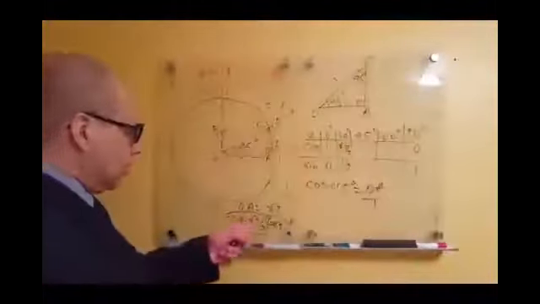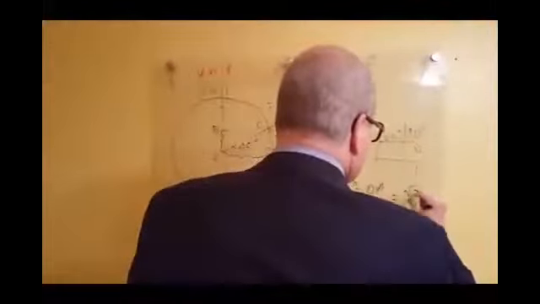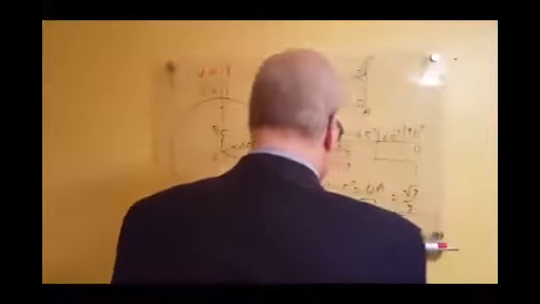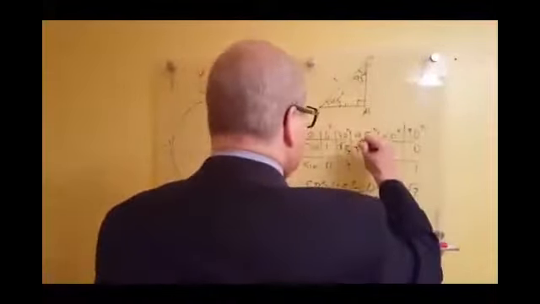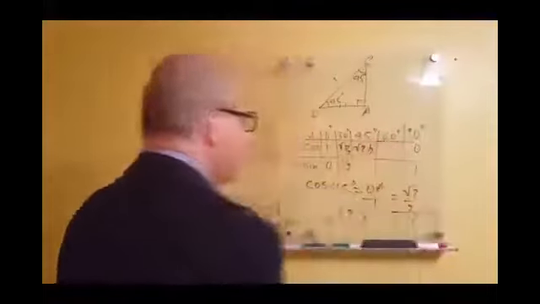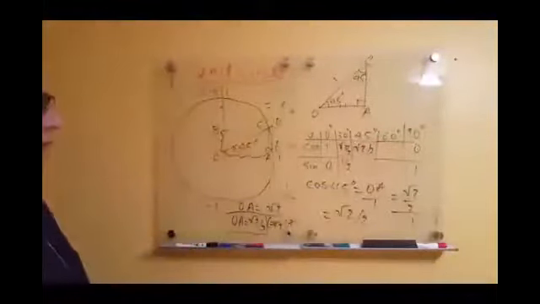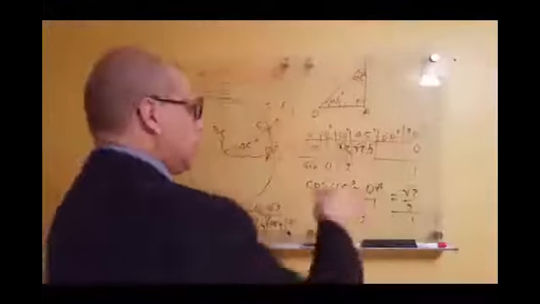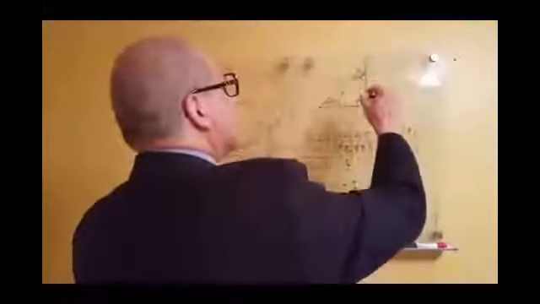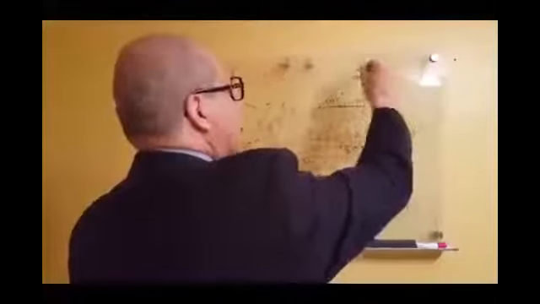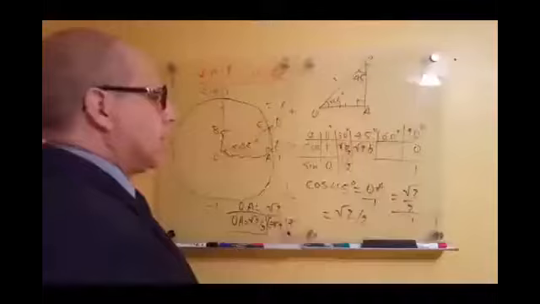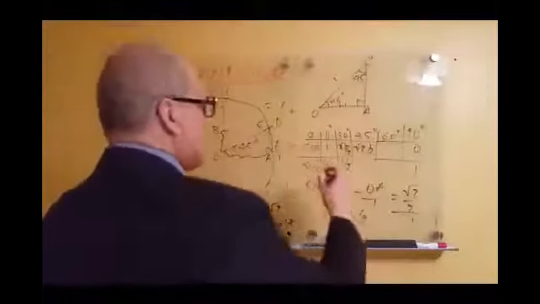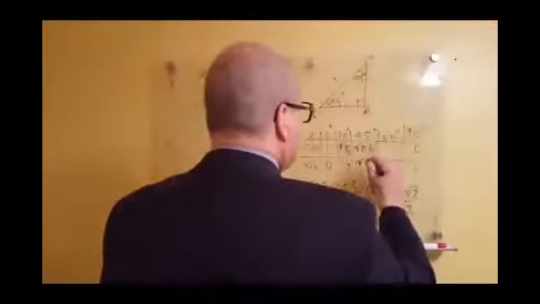I have that OA is equal to square root of 2 over 2, so it's square root of 2 over 2 over 1. So that's equal to square root of 2 over 2. So that goes here. And of course with exactly the same logic, sine of 45 is the opposite over the hypotenuse. It's exactly the same thing, so you will find that the sine of 45 is also square root of 2 over 2.